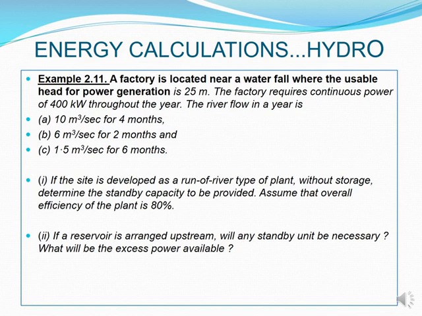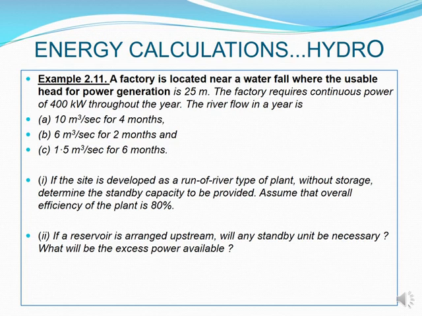Then we go to the next example, and this one is sitting at 2.11 in your textbooks. And this is quite an involved one with a lot of scenarios in it. And I think in the textbook, you also have a similar one to it, being at 2.10. So here they say we've got a factory located near a waterfall where the usable head of power is at 25 meters.